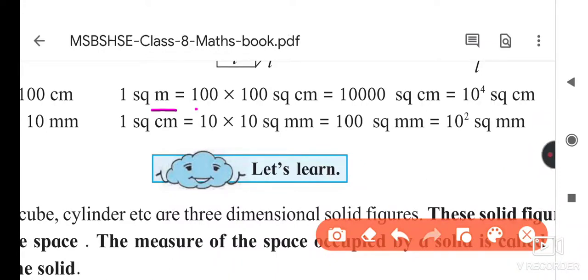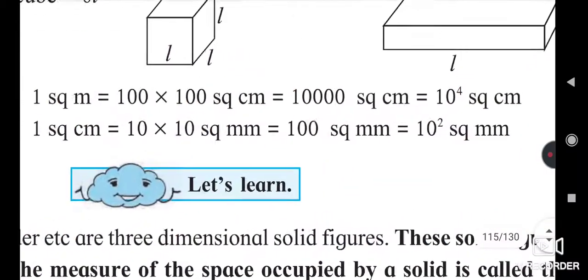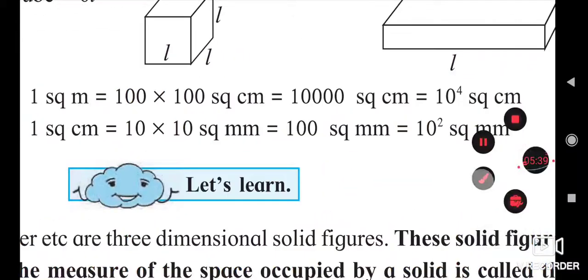Here meter is there, and when we multiply it with 100 the unit changes to centimeter, and the multiplication is equal to 10,000 square centimeter. And how many zeros are there in 10,000? 1, 2, 3 and 4. 4 zeros are there. That's why we write it in the short indices form as 10 to the power 4.